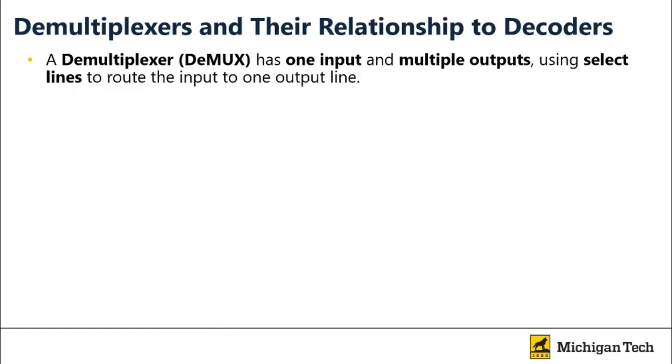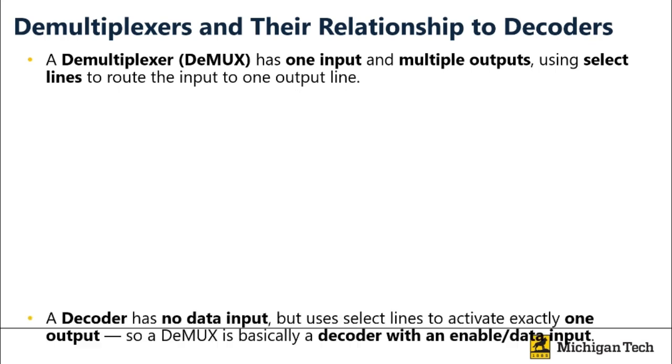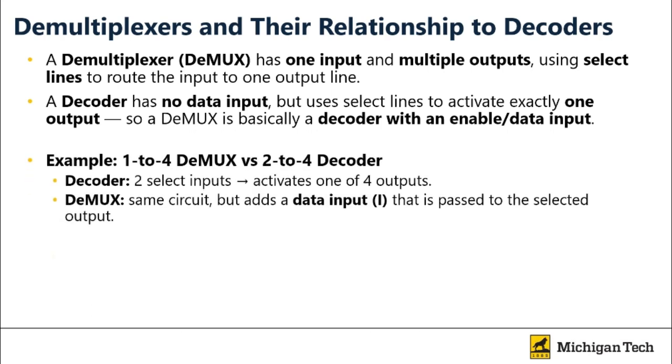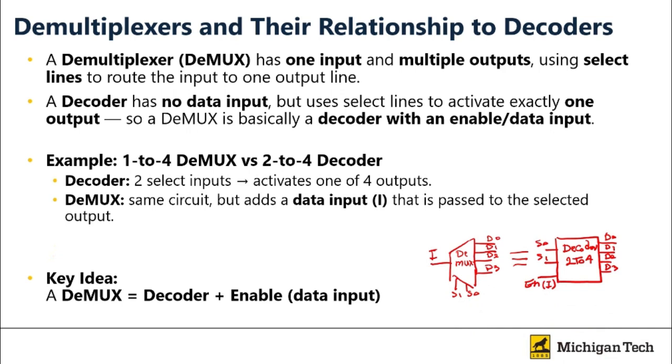So here is explaining that. A demultiplexer has one input and multiple outputs using select, and a decoder has no data input, but uses select lines to activate one output. So we can design them similarly. That's the same picture that I grabbed there. Here you can also see that a demultiplexer is a decoder plus an enable data input.